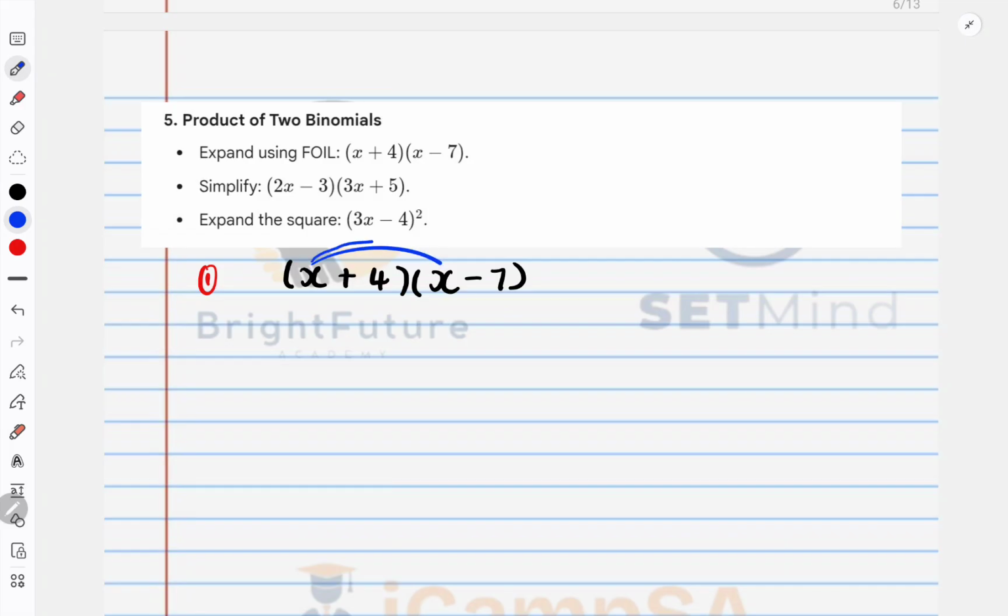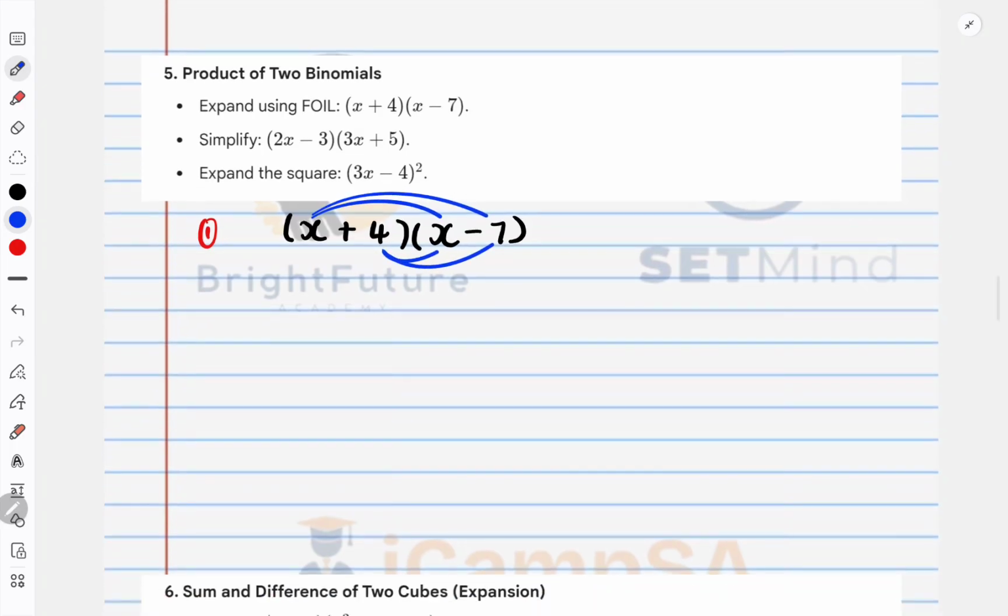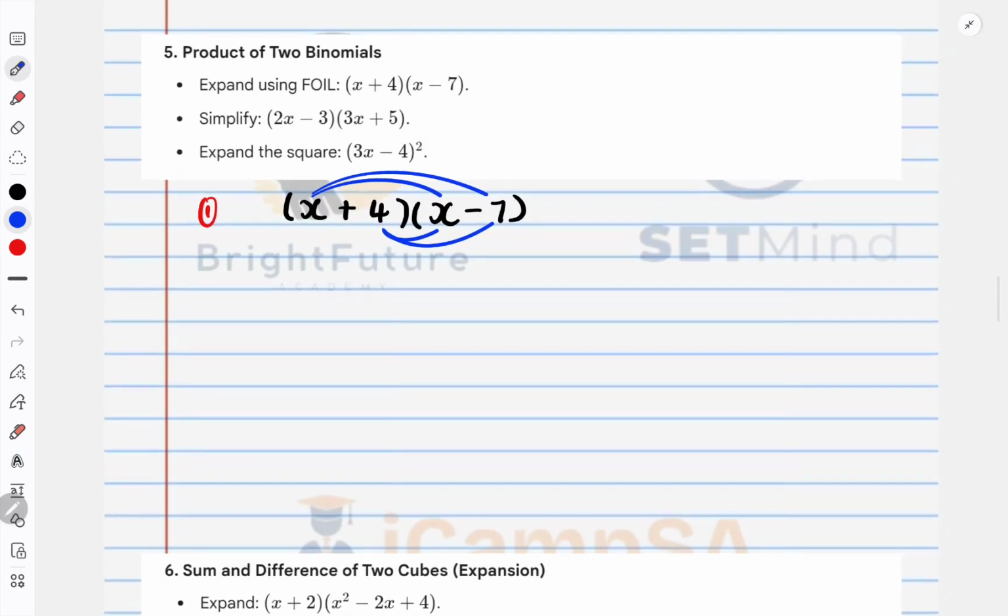Okay, and then we distribute it accordingly. If we are expanding this, we have to say x multiplied by x will be x squared, and then for the second term, x multiplied by negative 7 is negative 7x, plus 4 multiplied by x is 4x, minus 4 multiplied by negative 7, which is negative 28.